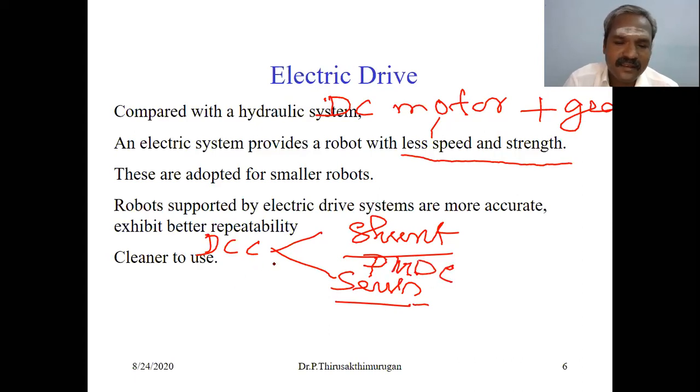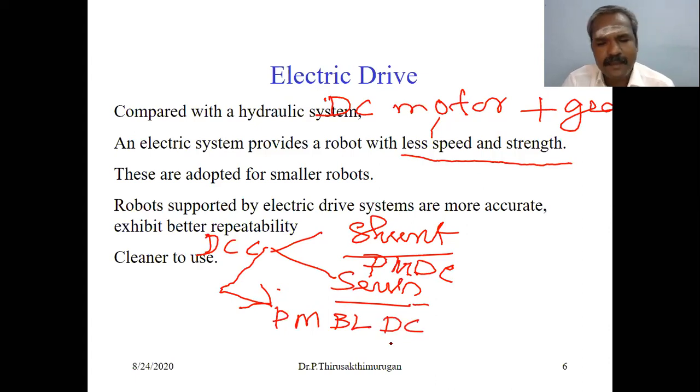Nowadays, even for electrical vehicles and modern robots, they go with the permanent magnet brushless DC motor, PMBLDC. The permanent magnet DC motor is very energy efficient. Nowadays, most drive systems, even electric vehicles and electrical bicycles, mainly use the permanent magnet brushless DC motor.